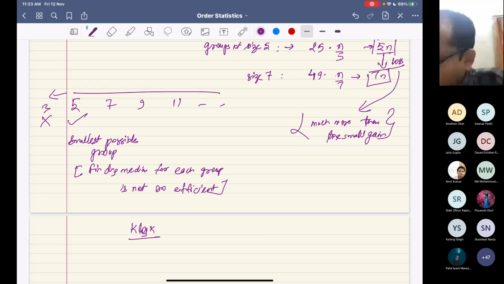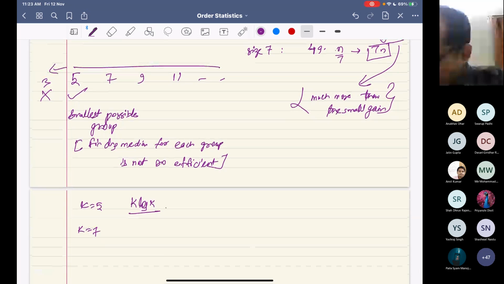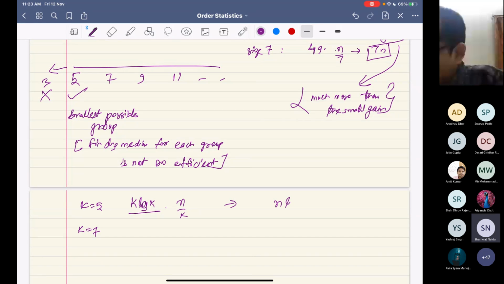Is it possible? Right, but then you can also use k log k for 5. Why not? Let's say we use k log k everywhere, for k equal to 5 and k equal to 7. Then you have k log k for each group, and there are n by k groups. So this gives you n log k.